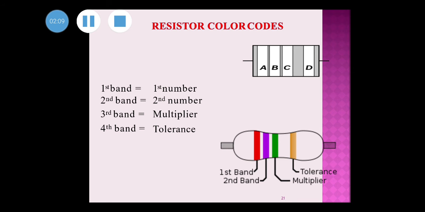The second color band gives the second number, and together they form a 2-digit number. The third color band gives the multiplier, and the fourth color band is called the tolerance.